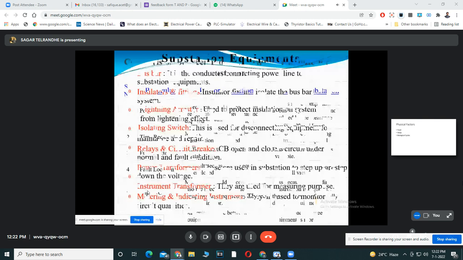Substation equipment. All these substation equipments have been discussed earlier. Basic equipments. The lightning arresters.